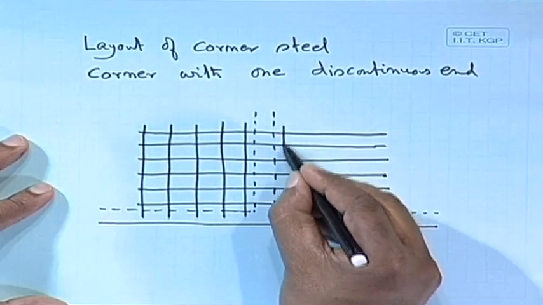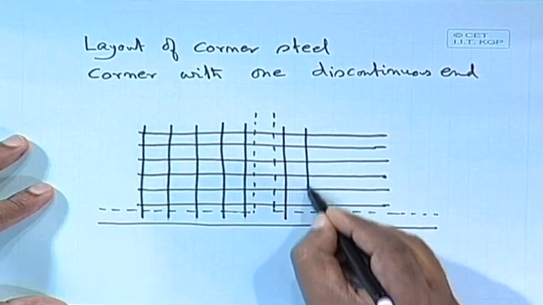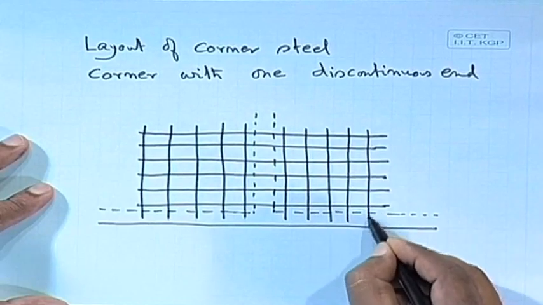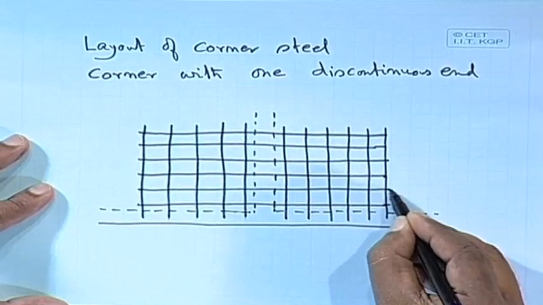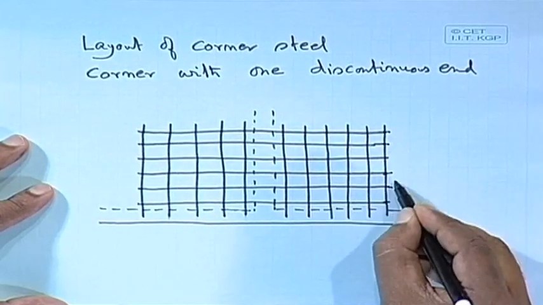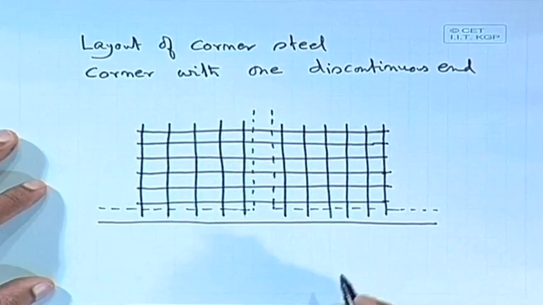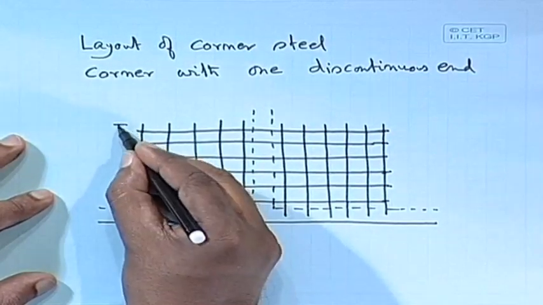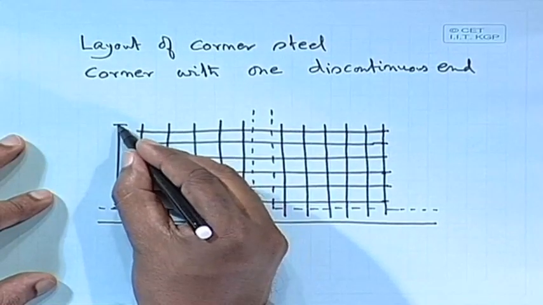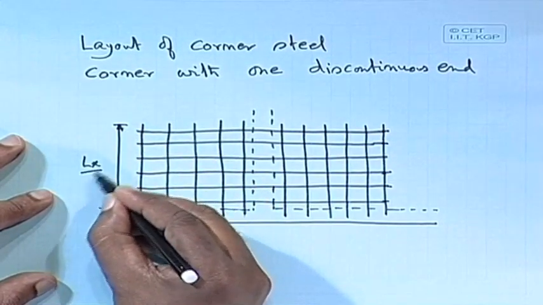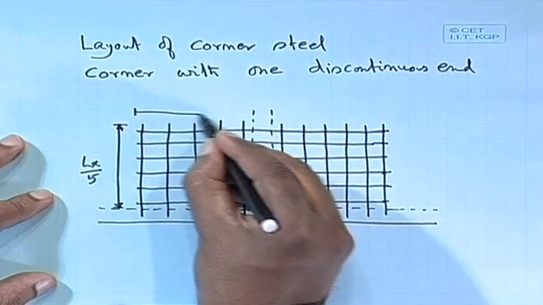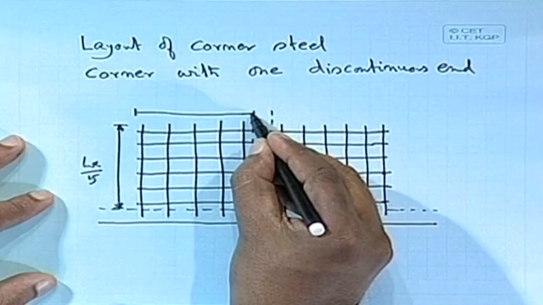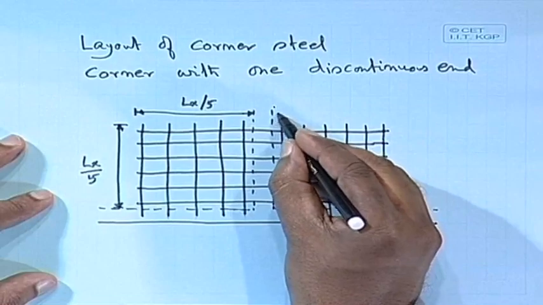Similarly, this side also. Let us extend it a little bit. If we have this type of reinforcement here, then what about this length? This is again Lx by 5. What about this length? This one also you have to provide, Lx by 5.